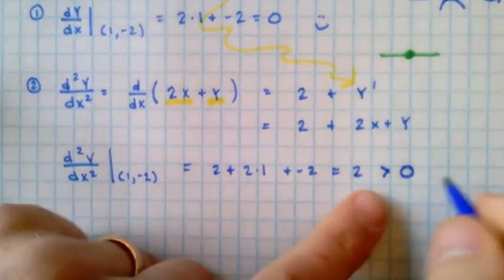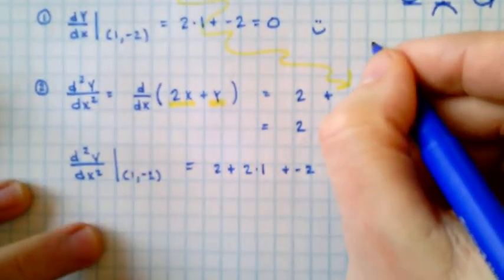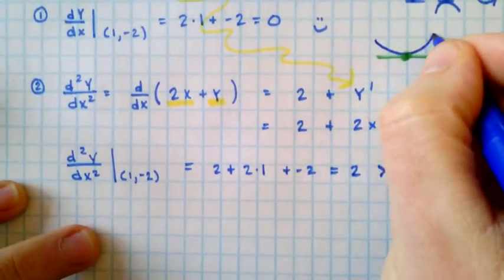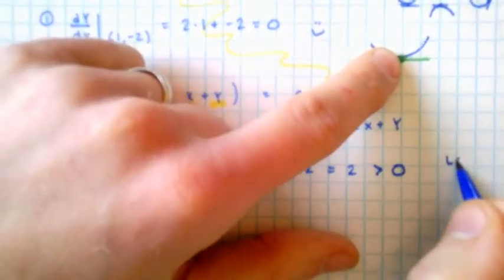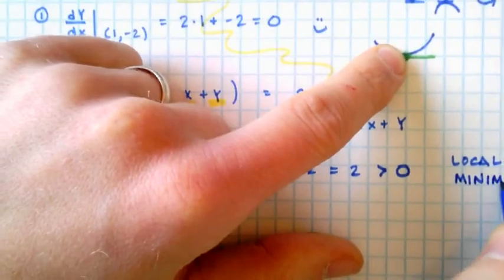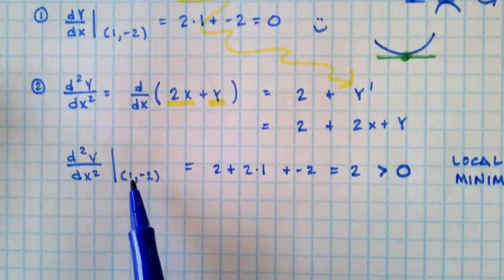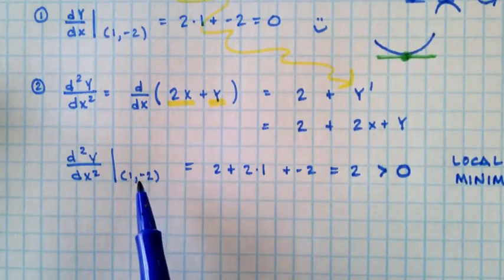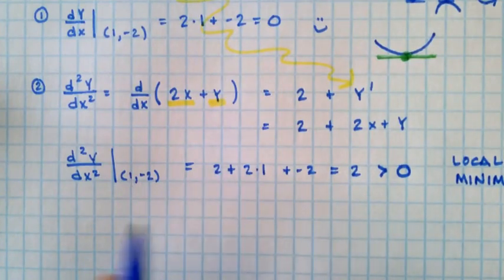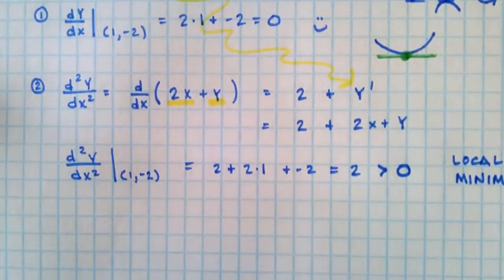That tells us that this thing is going to be concave up. Therefore, we know we are dealing with a local minimum. On this one, because we're dealing with points that have an x and a y value instead of just an x value, you literally cannot use the first derivative test because you can't make a sign chart.